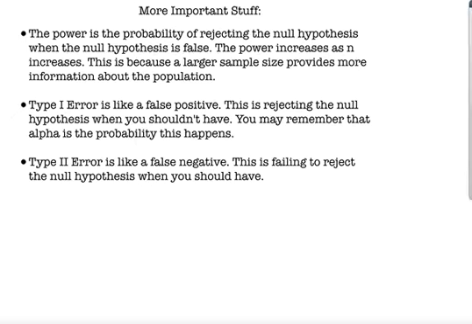So the power increases as n increases. And the reason that the power increases as n increases is because n is our sample size. A larger sample size provides more information about the population, so our power is going to increase as n increases.